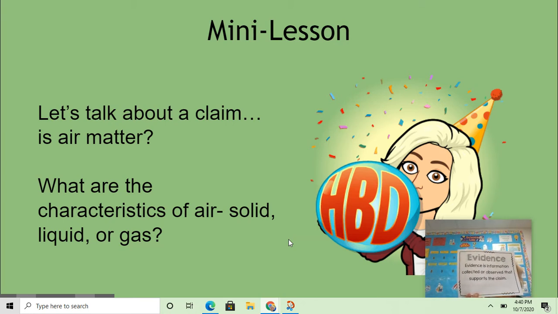What's my proof? So I have to think about what I know about air. I know that air takes up space, and I know that air may have a weight. We know that matter takes up space. We know that matter can have a weight.